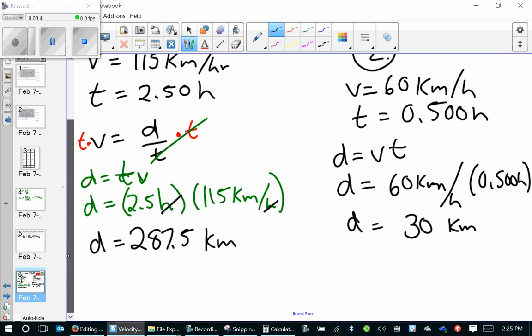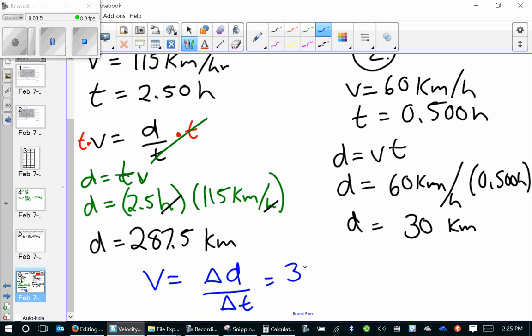Okay, so in order now to find our average velocity, we need our total displacement over our total time. Well, my displacement is 287.5 kilometers plus 30 kilometers. So that would be 317.5 kilometers over my total time.